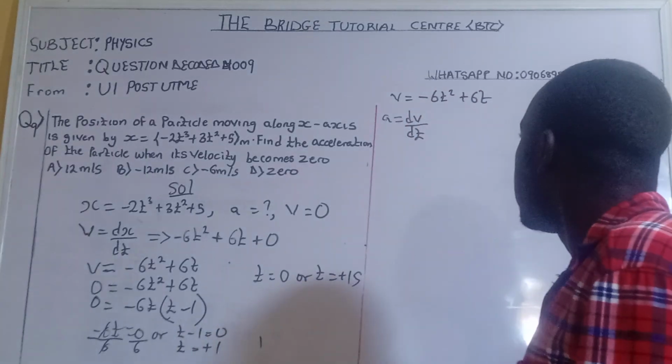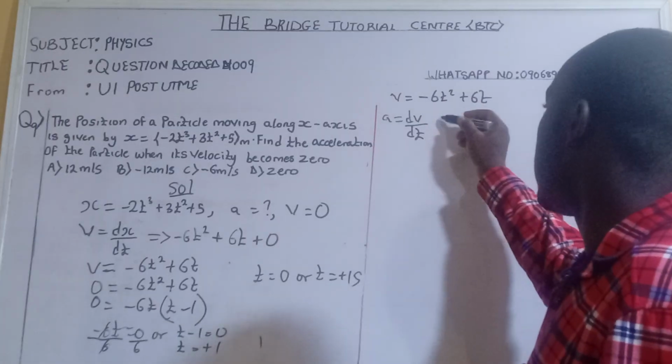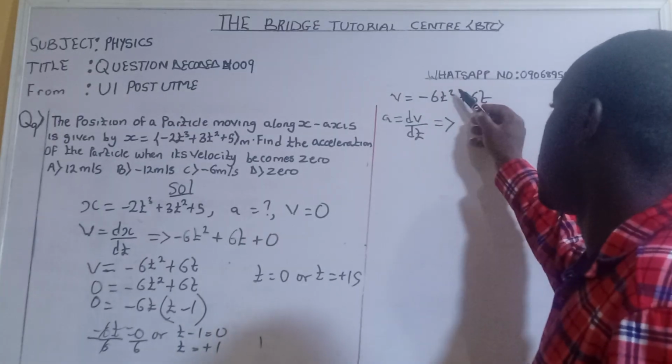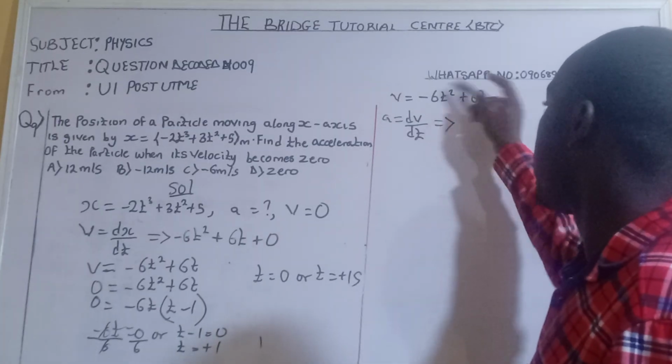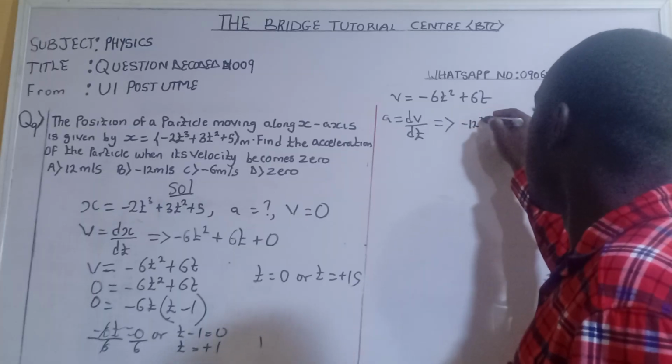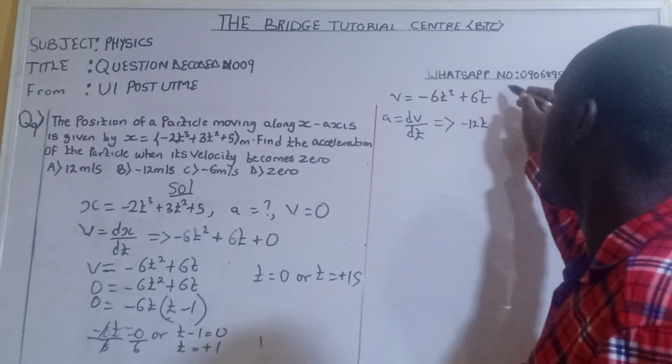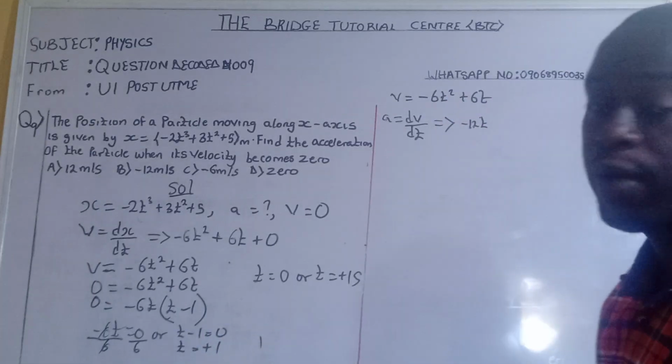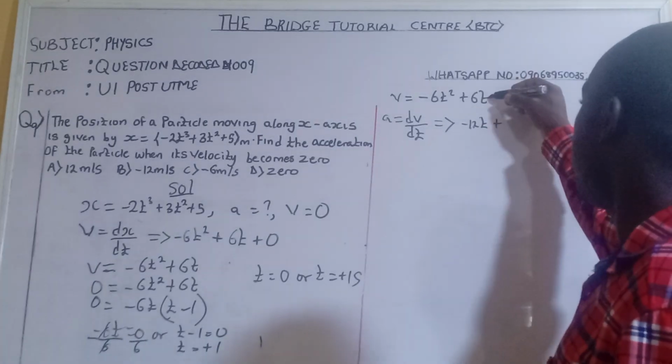Find the derivative of this. You bring your power here: 2 multiplied by minus 6 gives us minus 12t raised to the power 2 minus 1, which is 1, so you don't need to put it there. Now plus, what's the power on this one? 1.